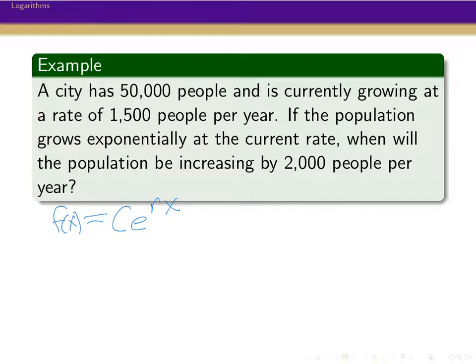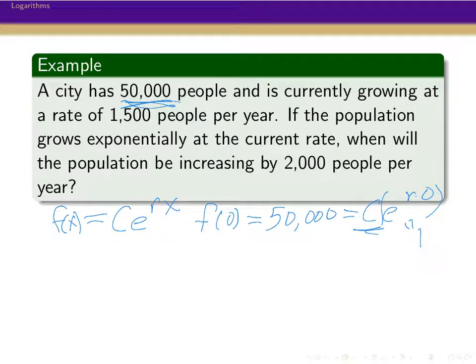The information given is that the city currently is at 50,000, so that means f of 0 equals 50,000. If we plug 0 in for x, we get c times e to the r times 0. R times 0 is just 0, e to the 0 is just 1. And so this is saying c is equal to 50,000.